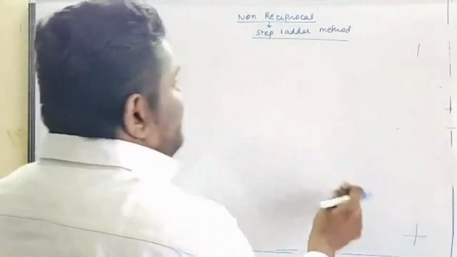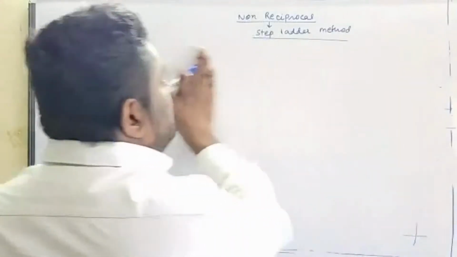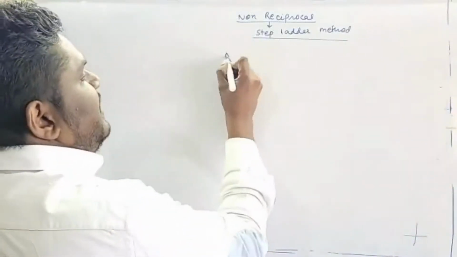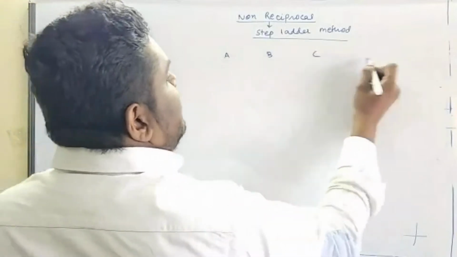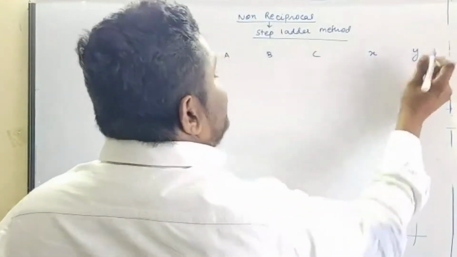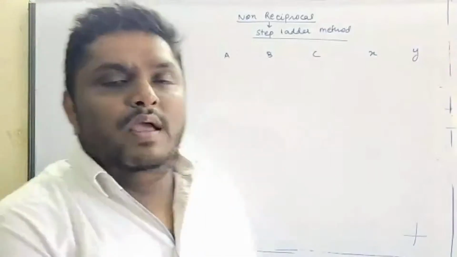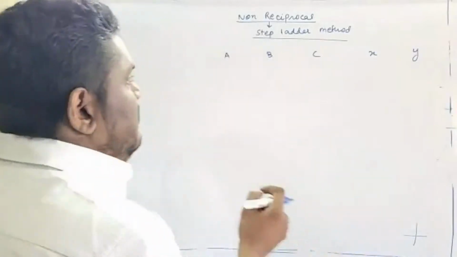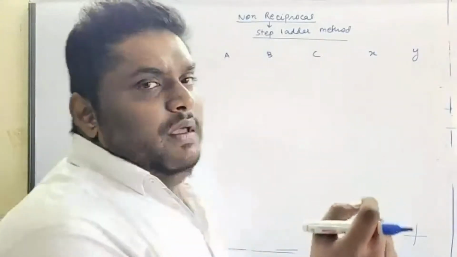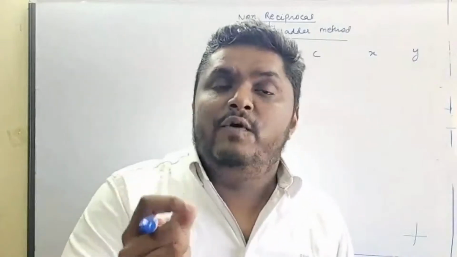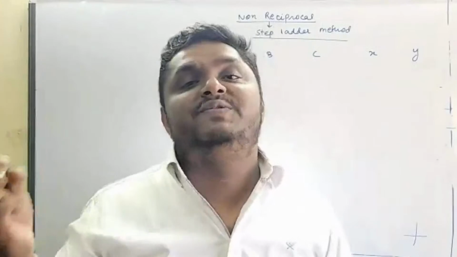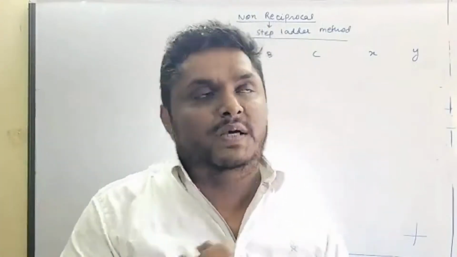So guys, let's take a very basic situation. Let's say I have 3 production departments A, B, and C, and 2 service departments X and Y. Now herein, the information is given as to the percentage at which the service department provides services to the production departments.